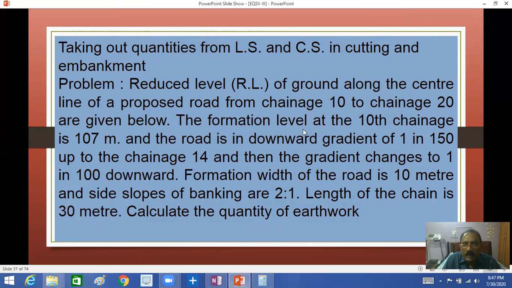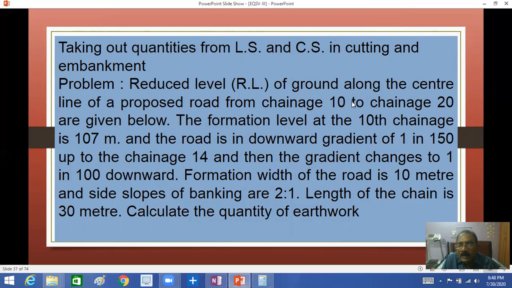The formation level at the 10th chain is 107 meters and the road has a downward gradient of 1:150. That is, for every 150 meters length, it reduces by 1 meter.